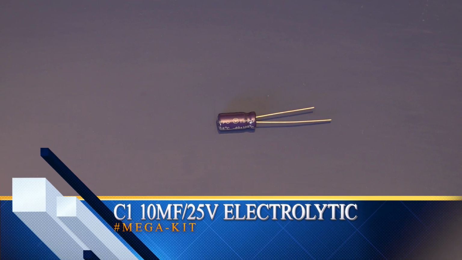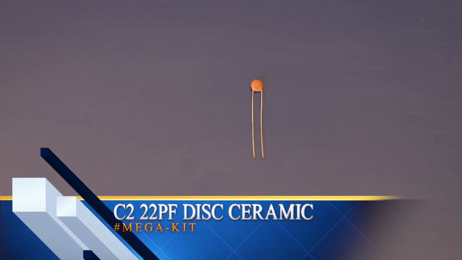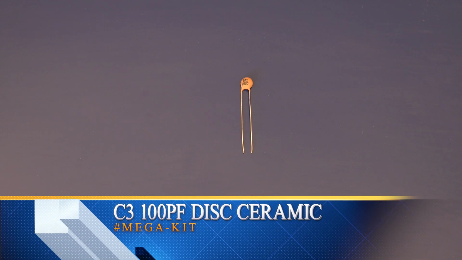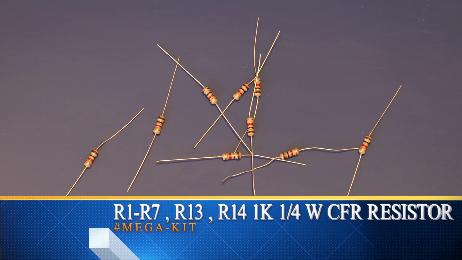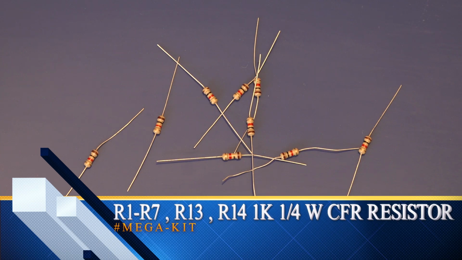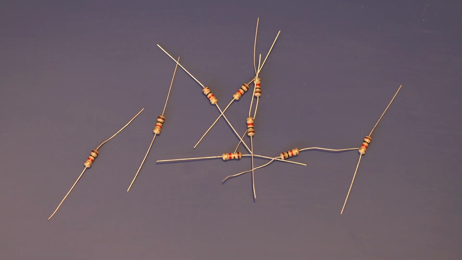C1 10 microfarad 25 volt electrolytic, quantity 1 number. C2 22 picofarad disc ceramic, quantity 1 number. C3 100 picofarad disc ceramic, quantity 1 number. R1 to R7, R13, R14 1K 1/4 watt CFR resistor, quantity 9.